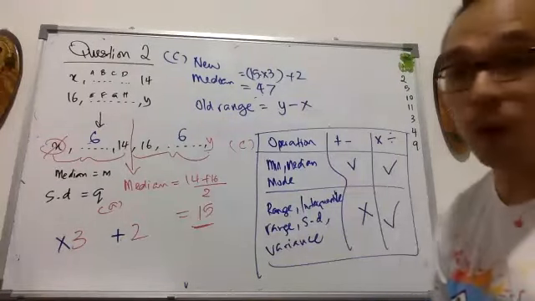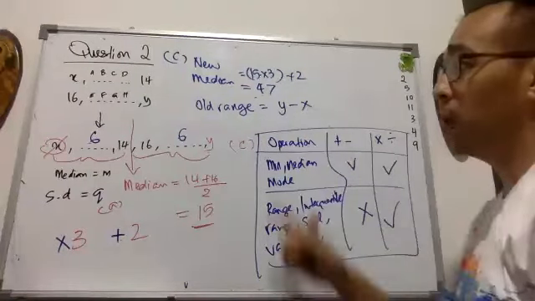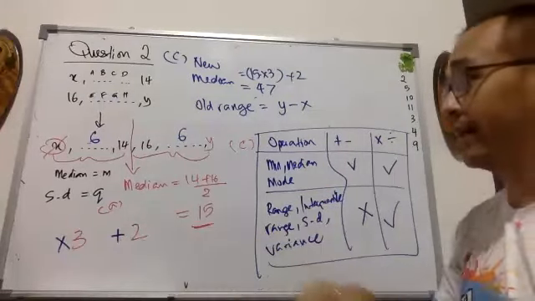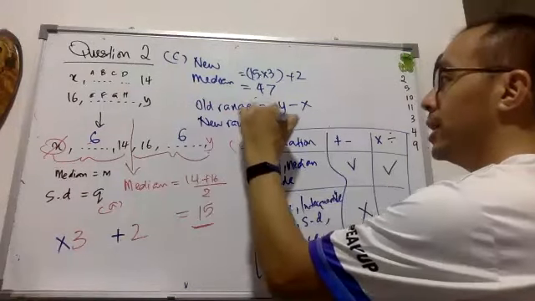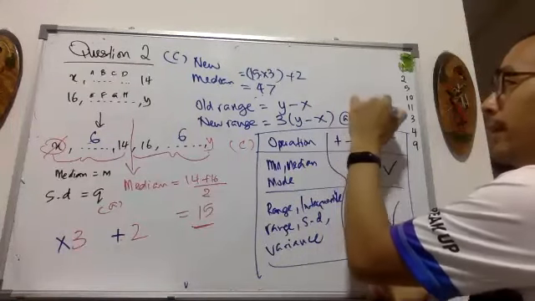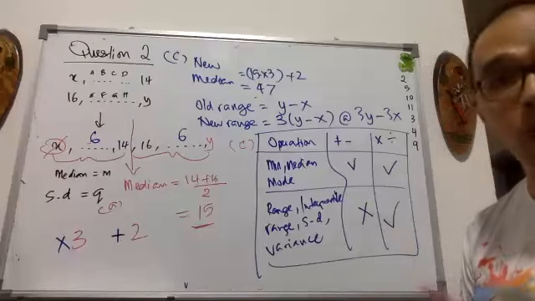Since our old range is y minus x, and our range is only affected by multiply, it's never affected by the adding. So our new range will be 3 times y minus x, or 3y minus 3x. That's the answer. That's all you need to know.